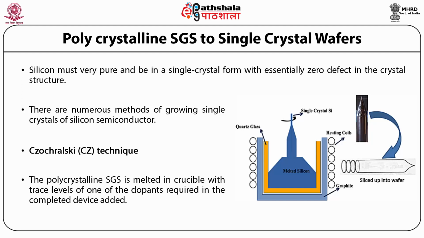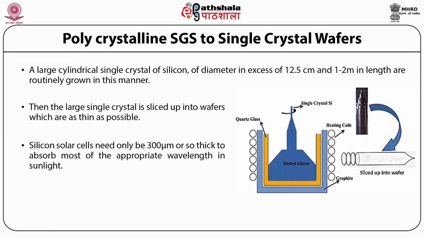For silicon solar cells, boron, that is p-type dopant, is normally used. Now, using a seed crystal of solid silicon into the surface of molten silicon and slowly pulling the seed in the upward direction. In this way, it is possible to pull out a large cylindrical single crystal of silicon.